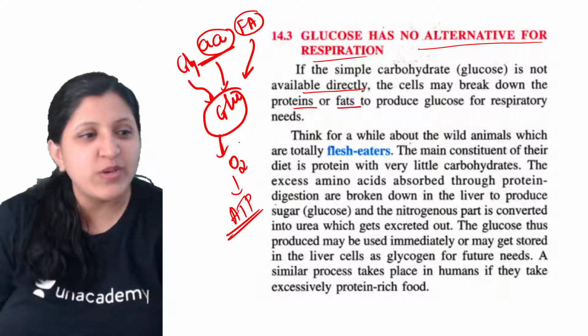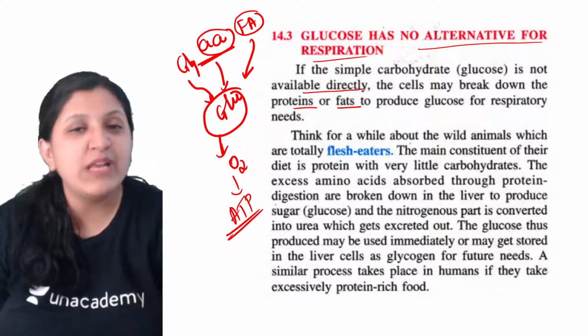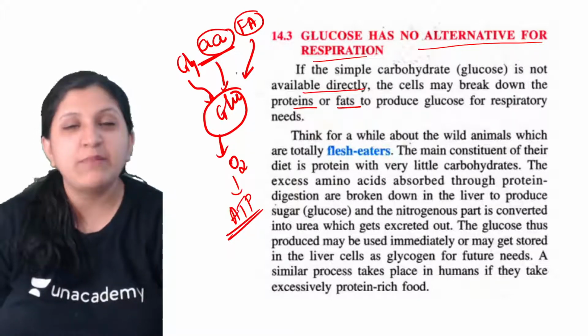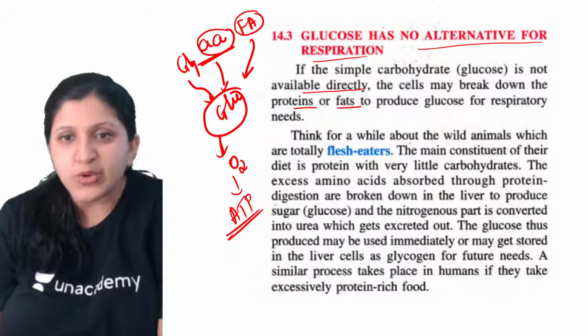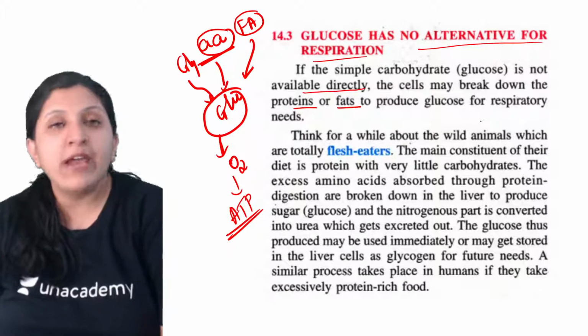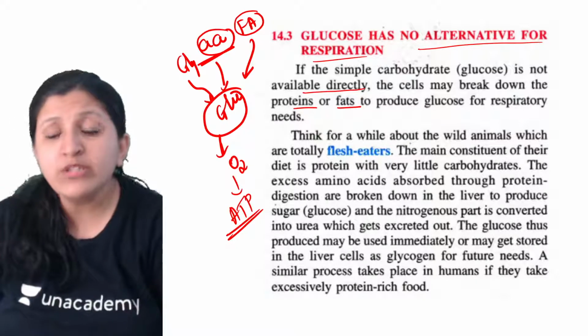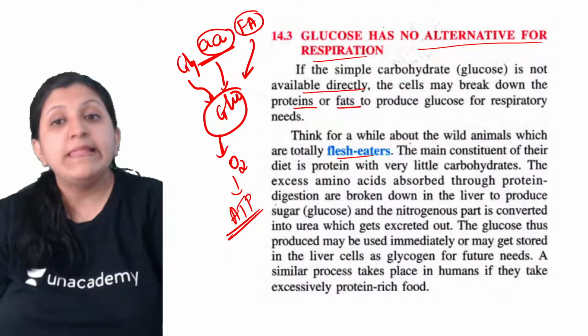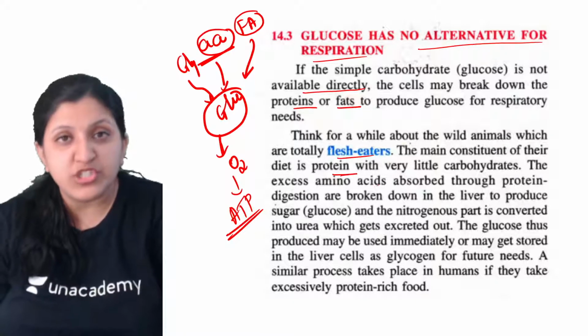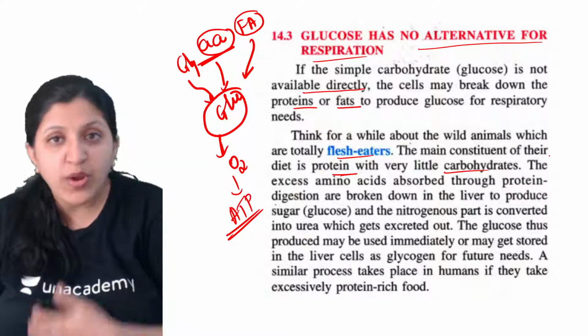So what is happening? Glucose will combine with the oxygen. That means oxidation of glucose will occur to produce ATP. Now think for a while about wild animals which are flesh eaters. Their diet is protein rich, and very little carbohydrate is available.